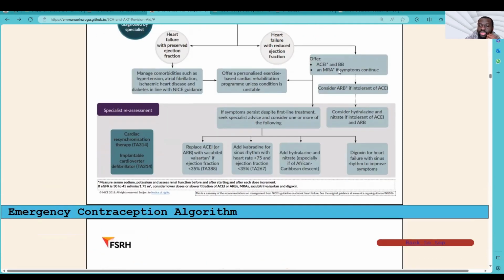So: ACE inhibitor, beta blocker, spironolactone if symptoms continue. If symptoms persist despite first-line treatment, seek specialist advice and consider one of the following. You can replace the ACE inhibitor or ARB with sacubitril valsartan if ejection fraction is less than 35%.